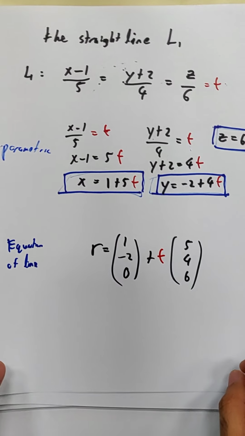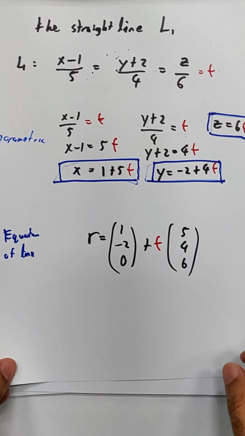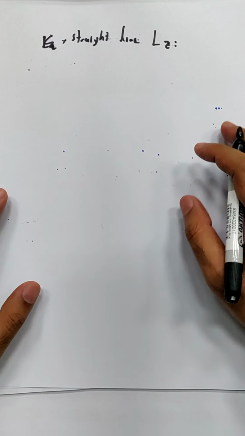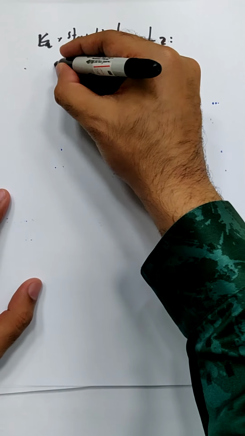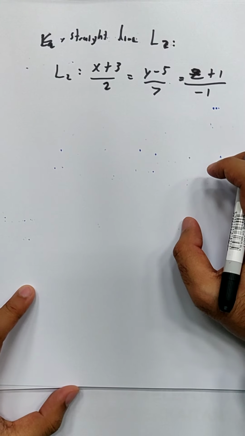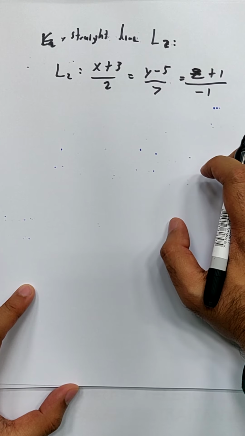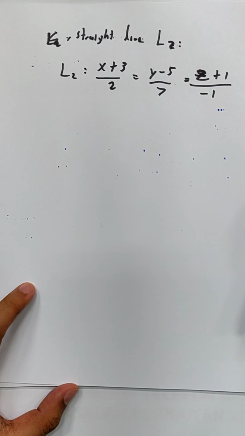Okay, I'm going to test you. You're going to try on your own. Let's say I give you the straight line L2. Now give me all three forms of it. This is called Cartesian, I want parametric, and I also want the equation of line.